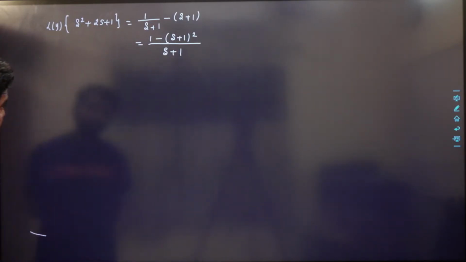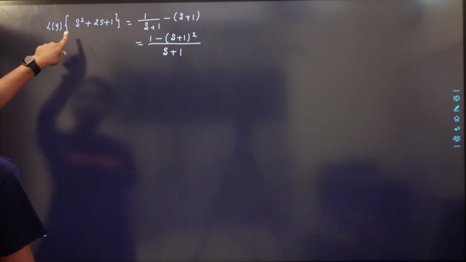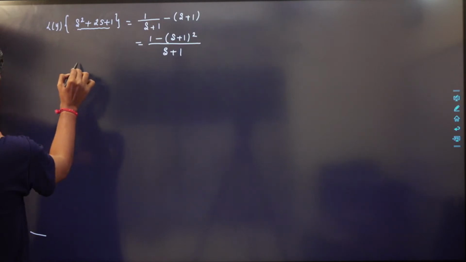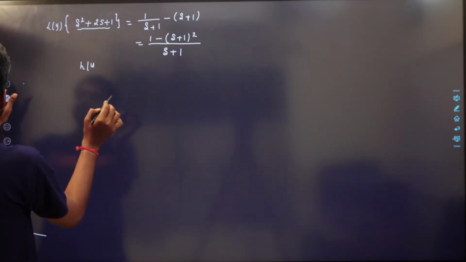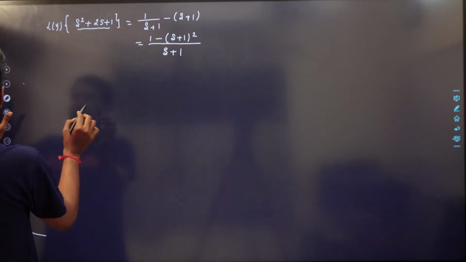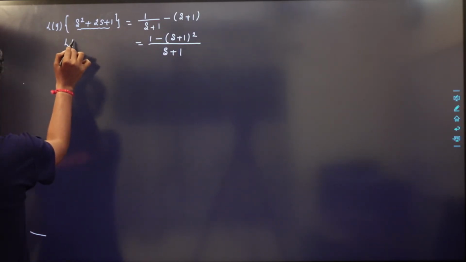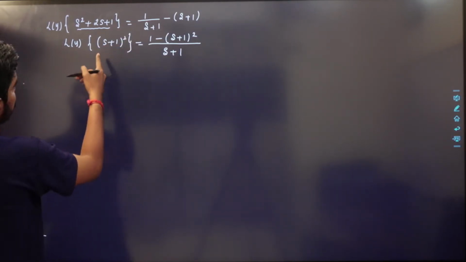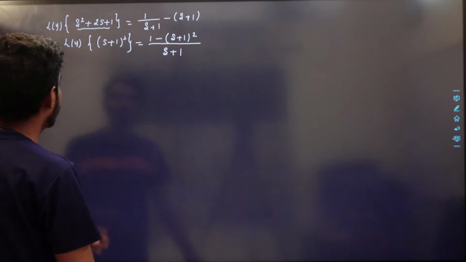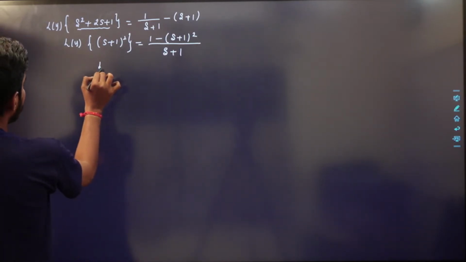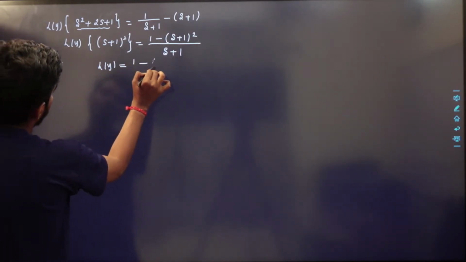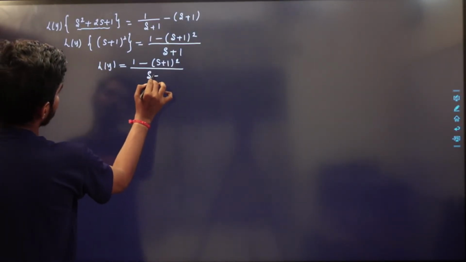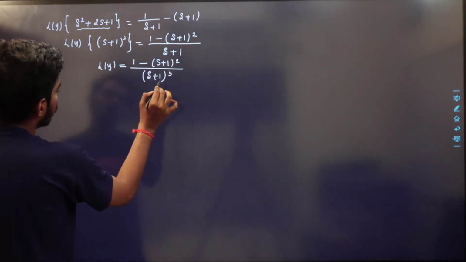Now this is s plus 1 whole square, so we have L of y times s plus 1 whole square, the a plus b whole square formula. If I bring this to the denominator, we will have L of y is equal to 1 minus s plus 1 whole square divided by s plus 1 whole cube.